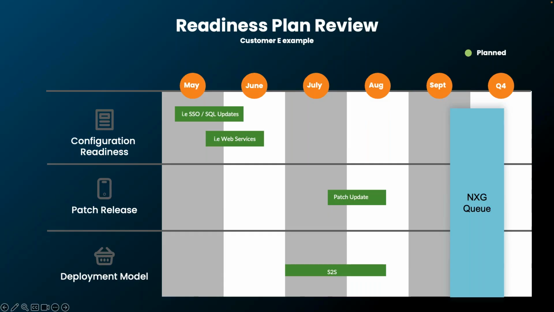So by the end of August, they will be on ETQ SaaS deployment and on CG Summer 23, where we can then run the pre-check tool on their environment to confirm whether they have any other conflict other than the ones that we already fixed in June, and see what they have there. If no conflict, then they should be ready to go and we schedule the actual migration with them.